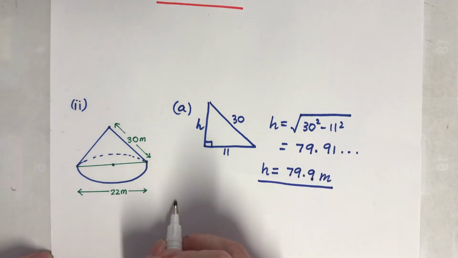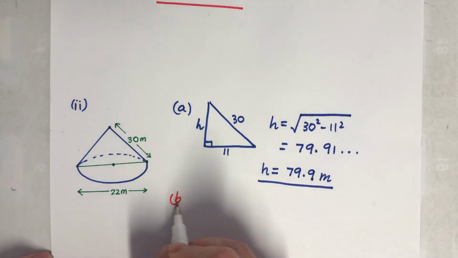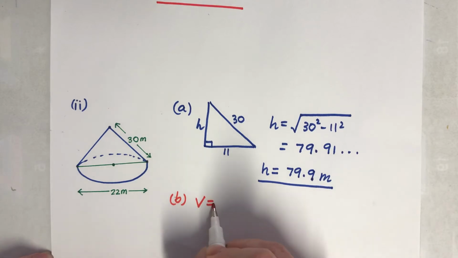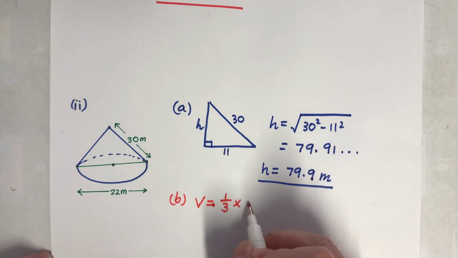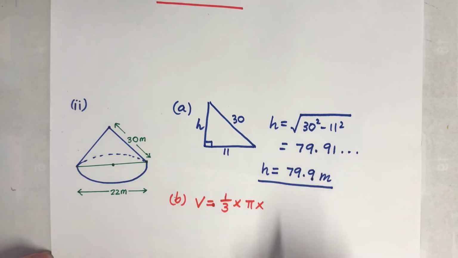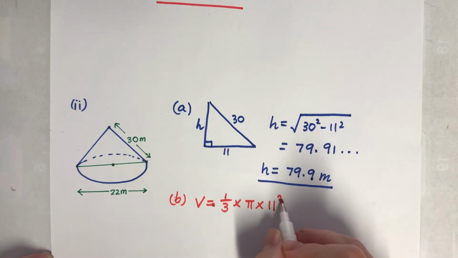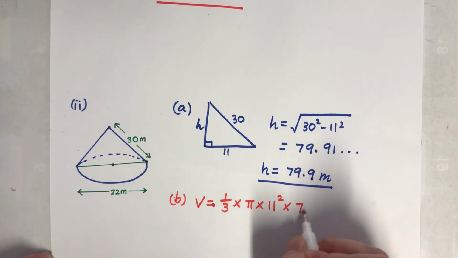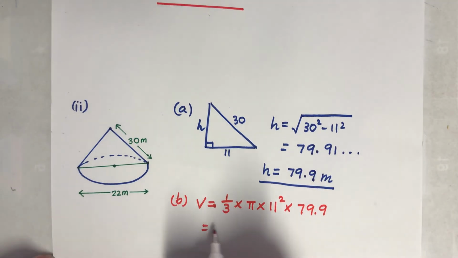Okay, and then B was the volume. Now volume equals 1/3 times pi r squared times height. The r was 11, the radius, squared, and the height 79.9, and put that all in the calculator.